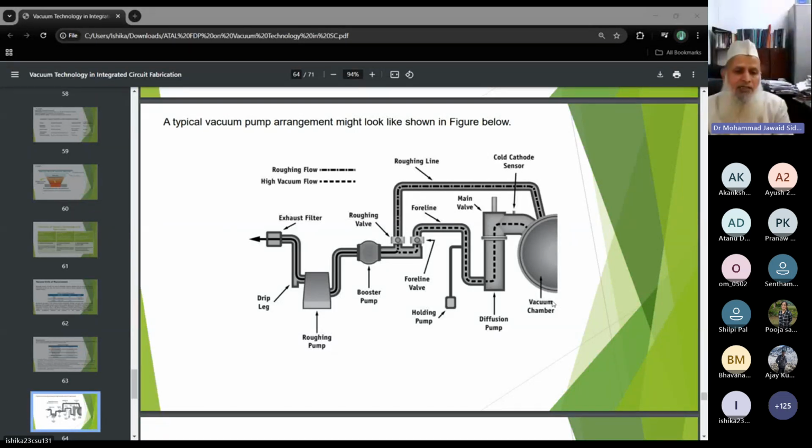When the work of the roughing pump is completed, then the booster pump is used, and different valves are also used at suitable times. One valve is closed, another is open. And then high vacuum pumps like diffusion pumps are used to create the high vacuum in the chamber. So this is the typical vacuum pump arrangement to get high vacuum inside the chamber. The chamber is on the extreme right. Yes, please, next.